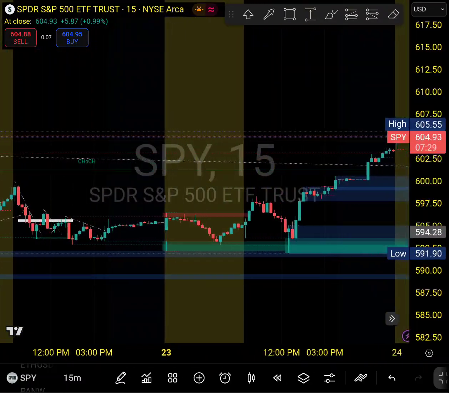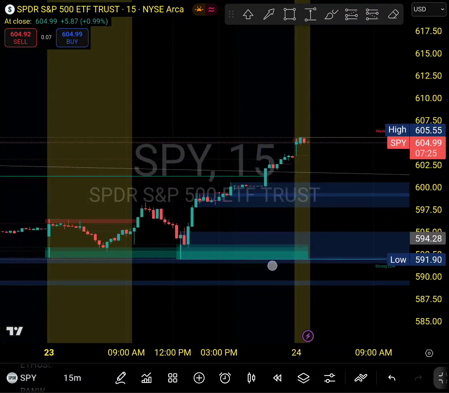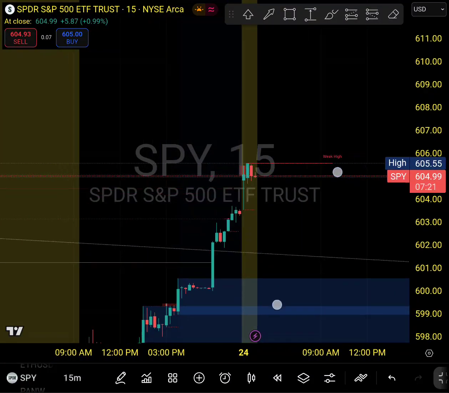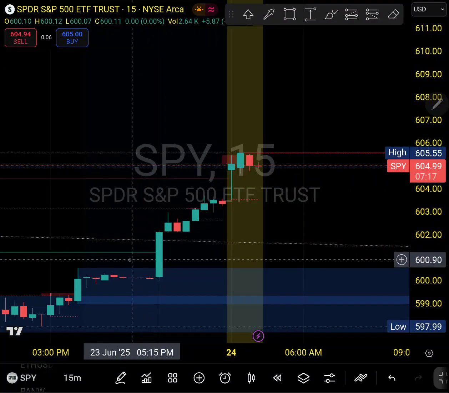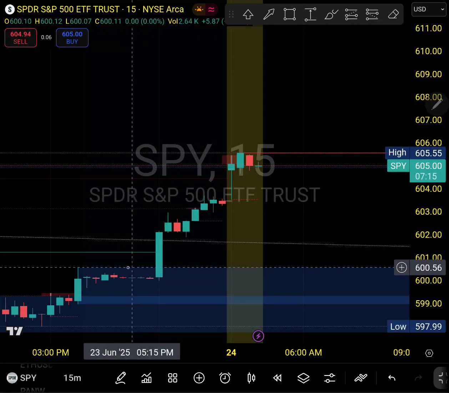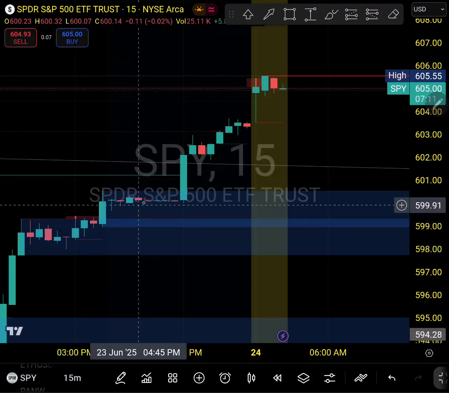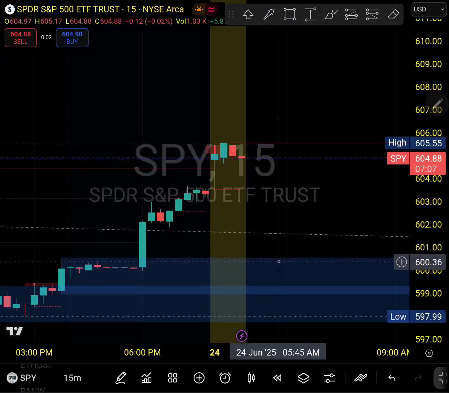For today, if you are planning your trade, first I would consider what it is doing at 4 a.m. in the morning, where the market opens right here. The only problem with this structure is that it comes straight up from 600 to 606. It did not take any support.